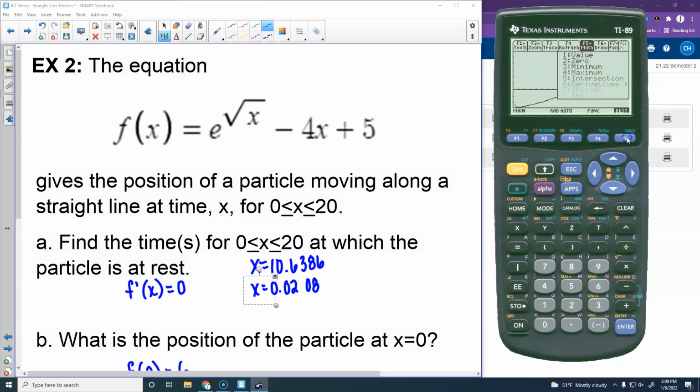And so we'll do F5, 0, lower bound, upper bound, and we get 10.6385.